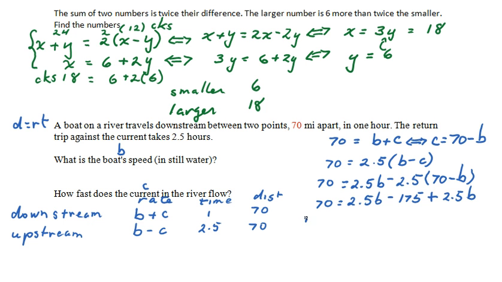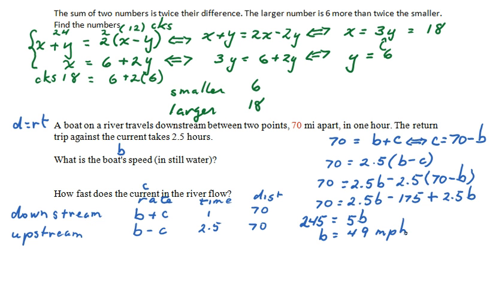So that gives us 245 equals 5b, and b equals 49 miles per hour.